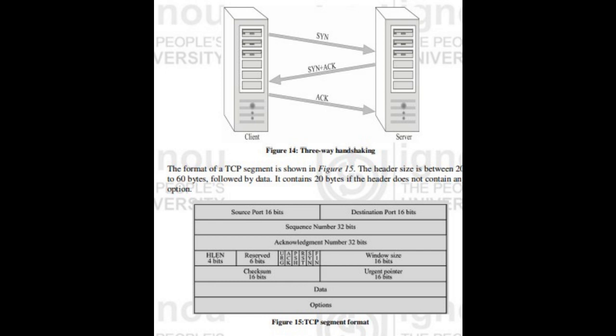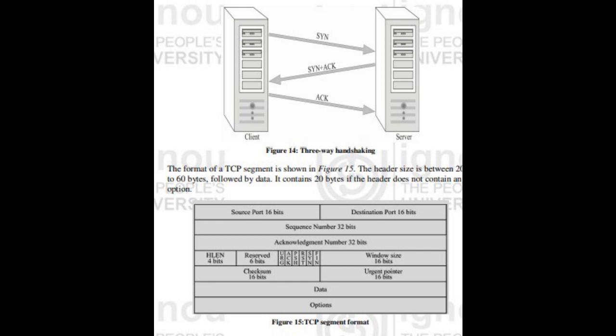If this random number is 3000 and the first segment contains 2000 bytes, then the sequence number will be 3002, since 3000 and 3001 are used in connection establishment. The second segment would have a sequence number of 5002, 3002 plus 2000, and so on.